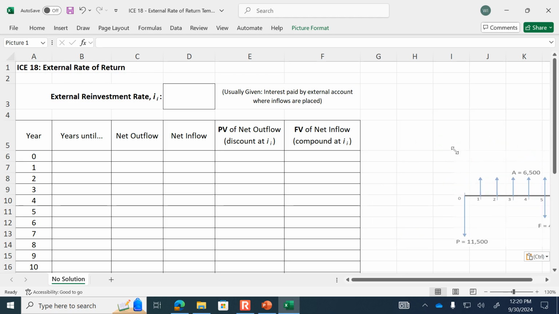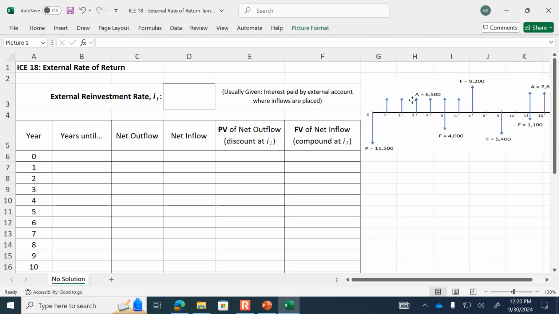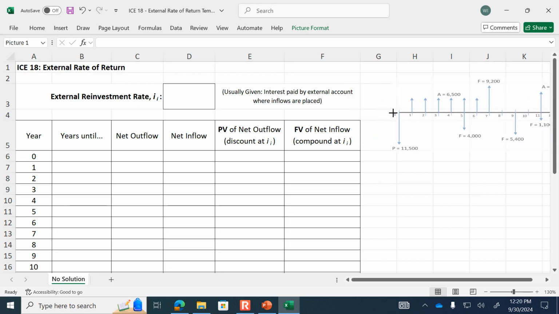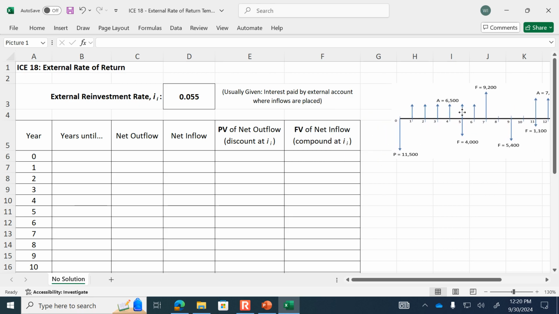So here's a cash flow diagram. Okay, the handout, does it say what our external reinvestment rate is? 5.5%. So here we'll put 0.055 for the external reinvestment rate. Okay, the end of the cash flow diagram is year 13.